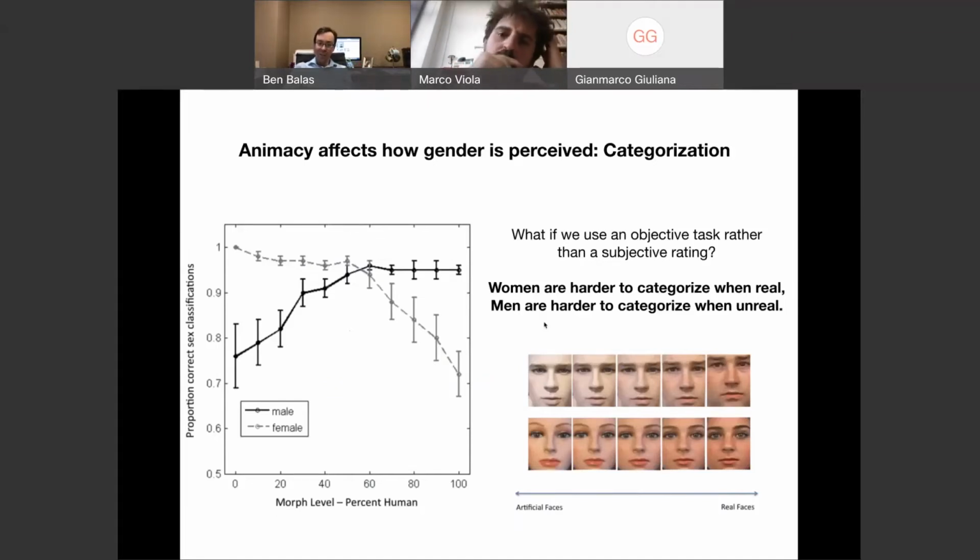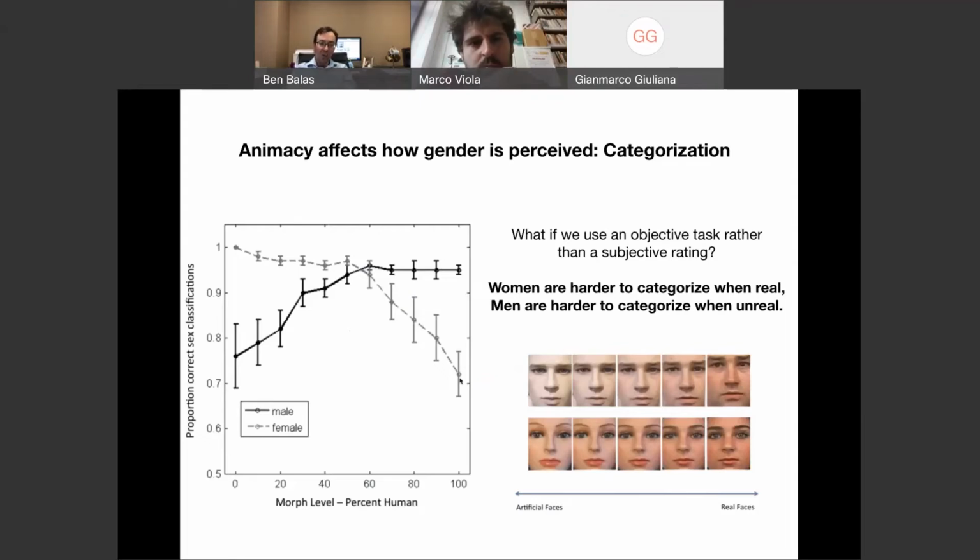And this, again, led to some really interesting and kind of dramatic crossover results, where what we see is that male faces are most difficult to classify correctly when they look artificial, but female faces are most difficult to categorize correctly when they look the most real.